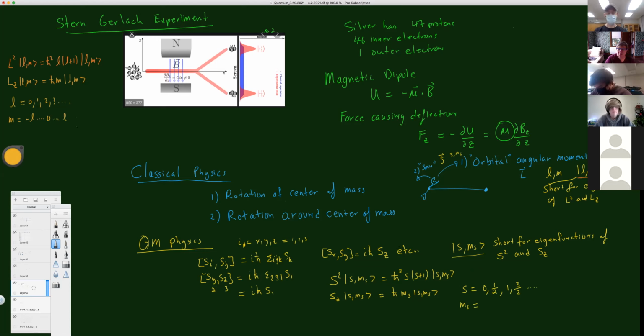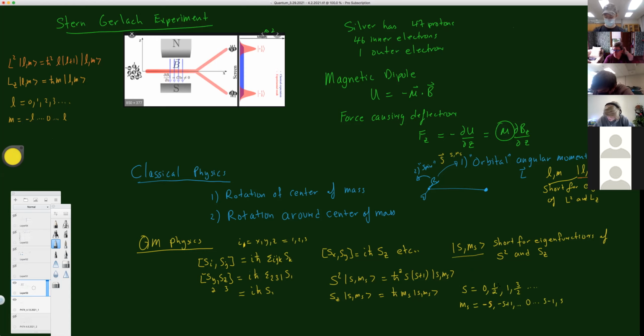So m_s, very similarly here, can go from minus s, minus s plus 1, up to s minus 1, s. So that's a similar thing as we have over here. I didn't write it all out, but very similar. So the algebra is very, very similar.